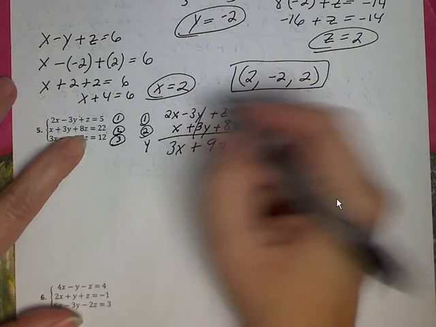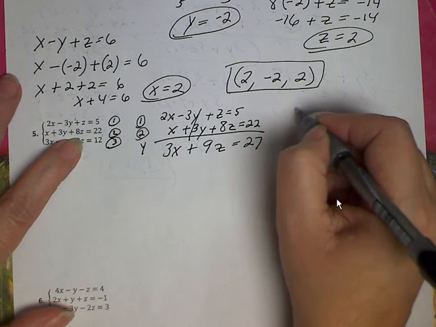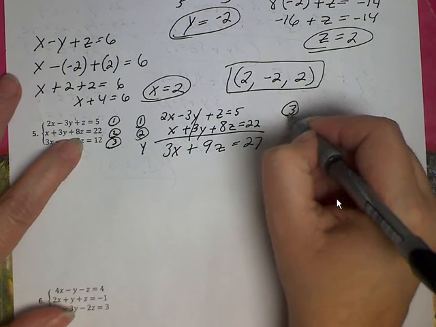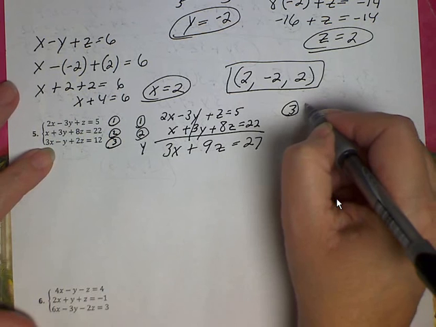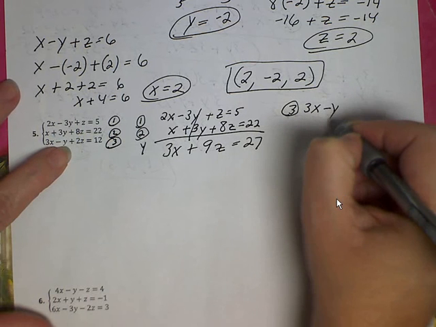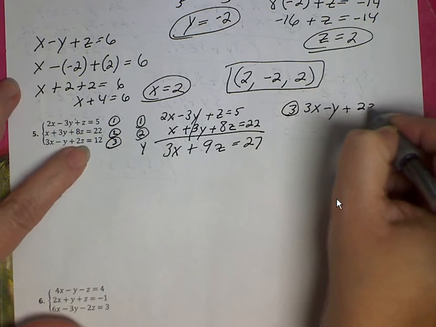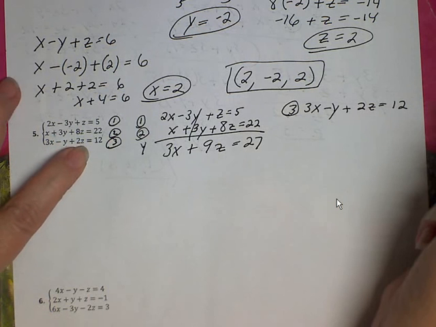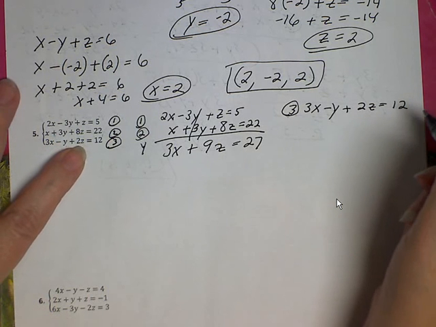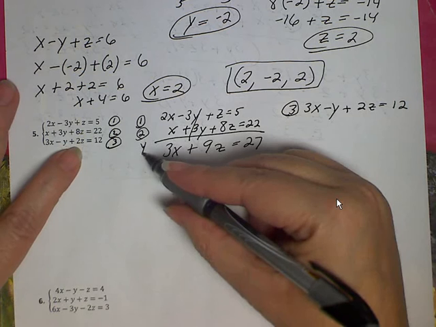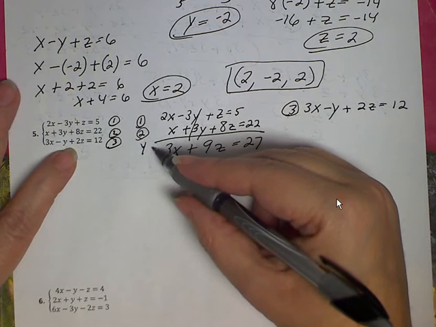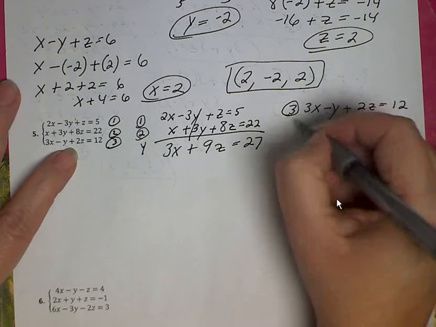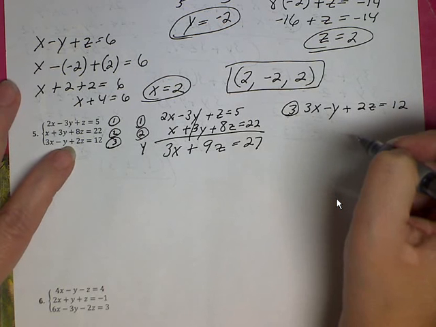I used 1 and 2, so I have to use 3. 3 says 3x minus y plus 2z is equal to 12. And I have to get rid of y. I guess it doesn't matter.